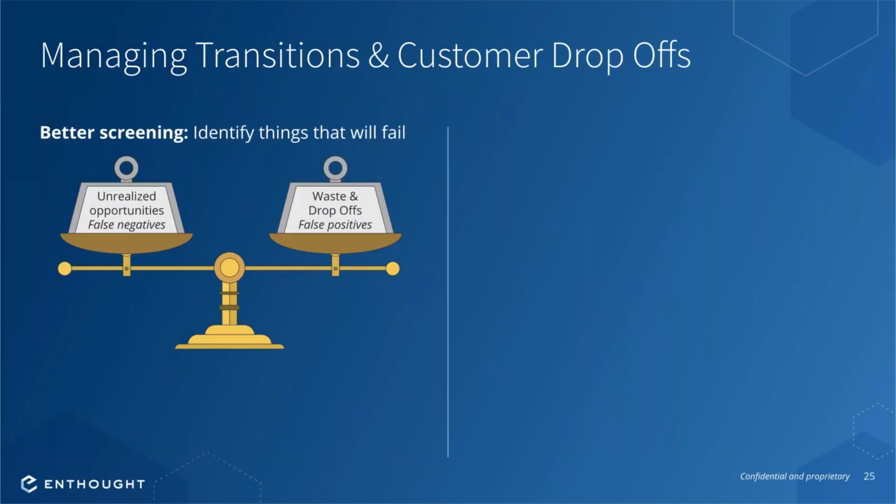So instead, we go back to our process of identifying valuable business outputs, and we think about how we can reconceptualize it to improve the business. So for risky transitions and customer drop-offs, one of the seemingly simple and impactful methods that we've seen is better screening tools.